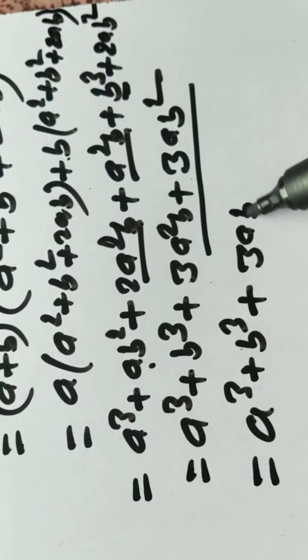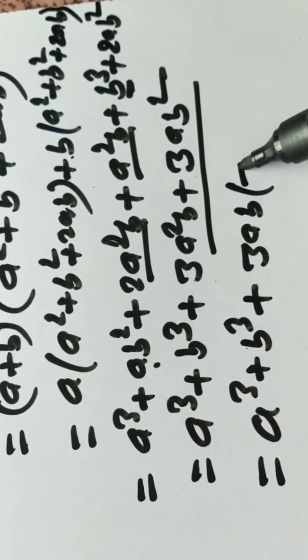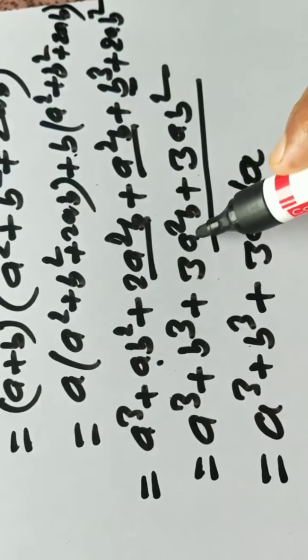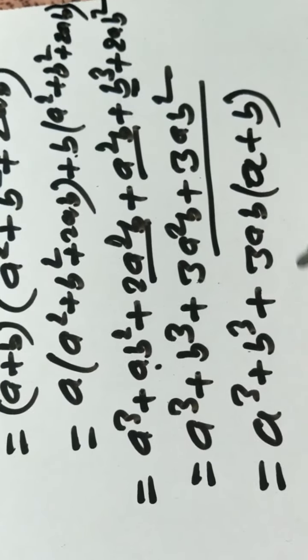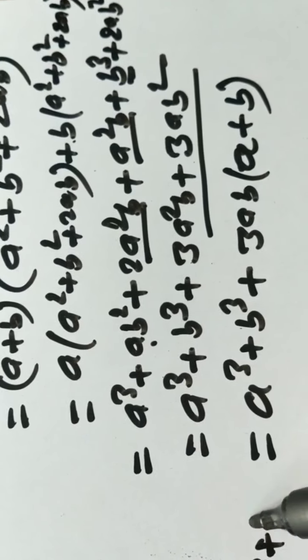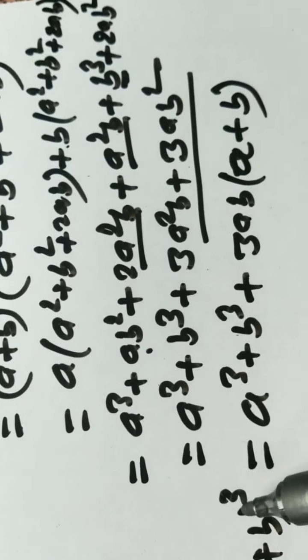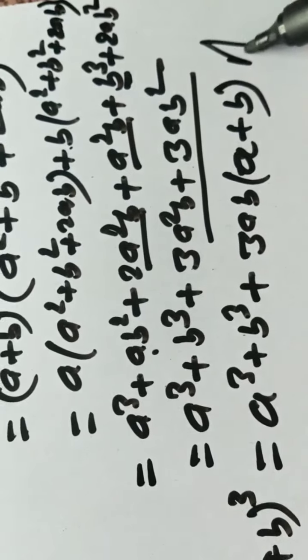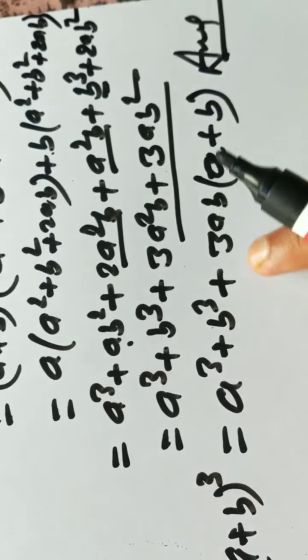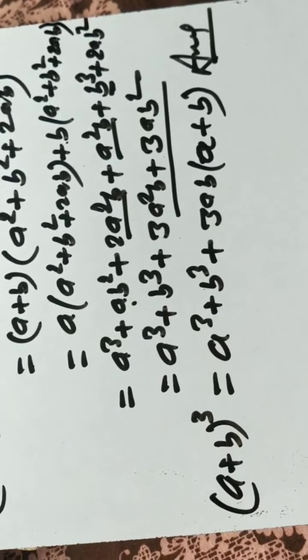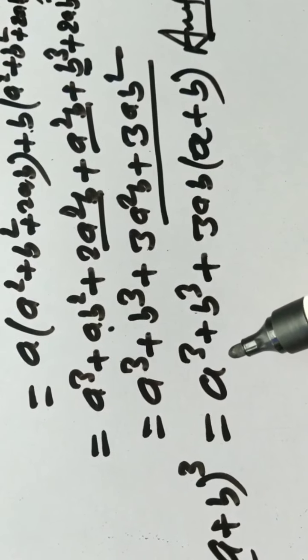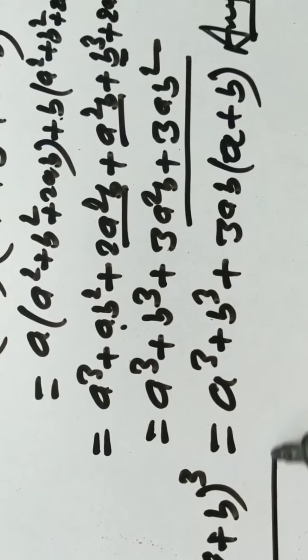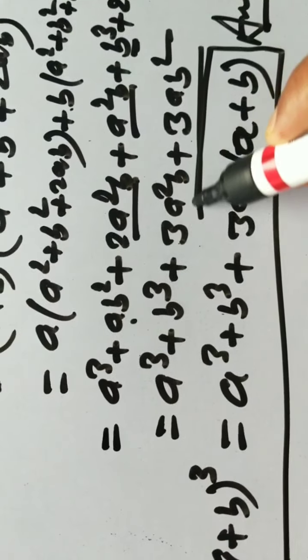So take 3ab as common, then a will be left and b will be left. So (a + b)³ will become a³ + b³ + 3ab(a + b). This is your formula for (a + b)³.